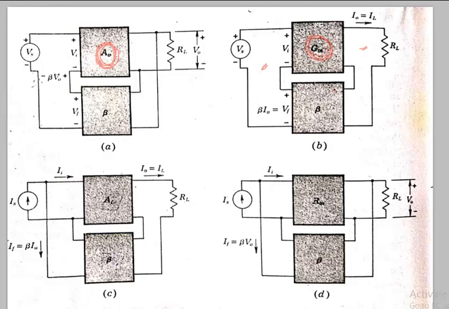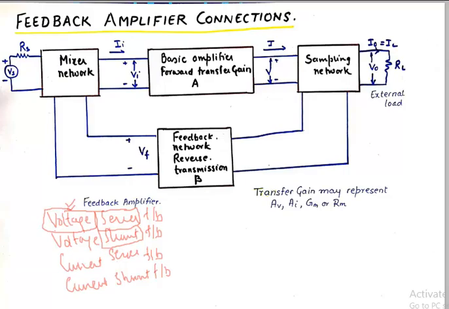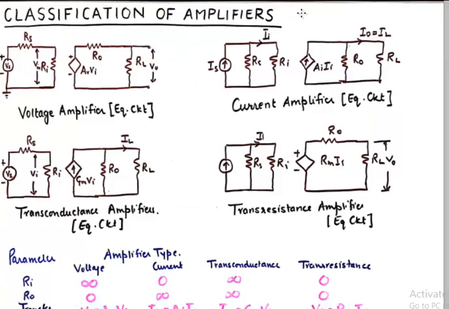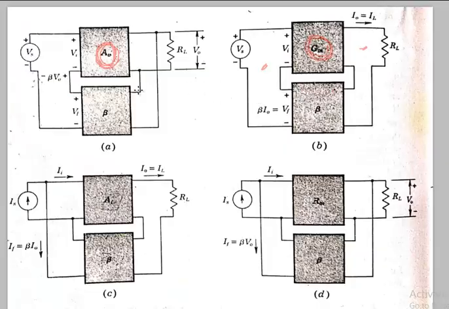as mentioned in the previous videos, transconductance amplifier facilitates the current at the output and voltage at the input. So if you remember this logic, then it becomes very easy.